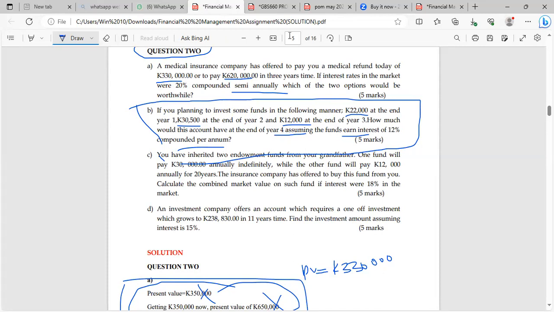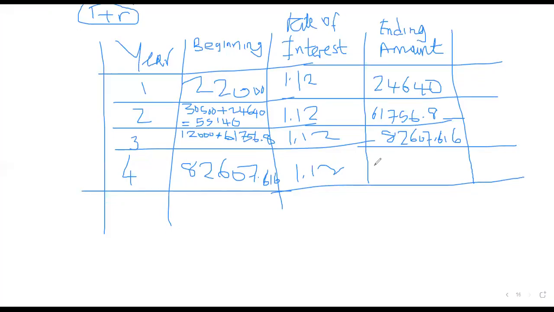So the balance is going to give us 92,520.529.